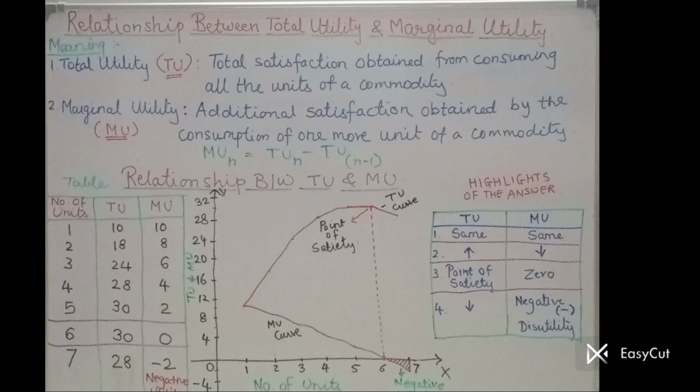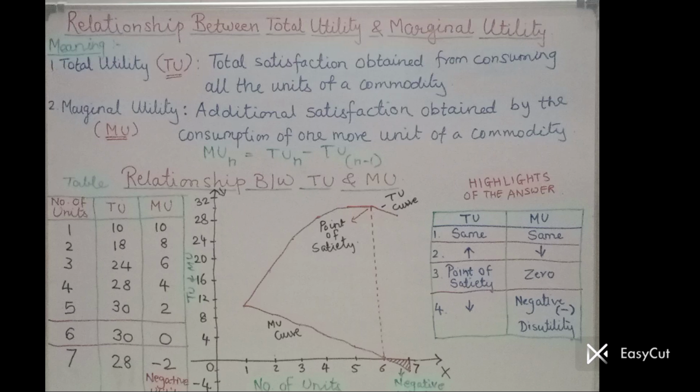Now coming to the seventh unit, any rational consumer, any common consumer should actually stop his consumption after gaining this point of satiety, that is point of maximum satisfaction, which in our example we are arriving after consuming unit number 6, sixth unit.